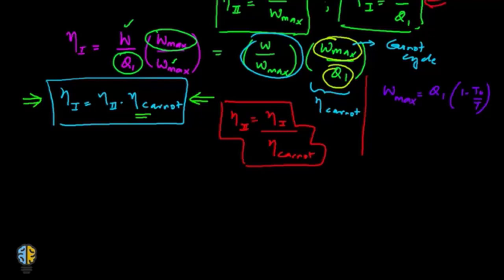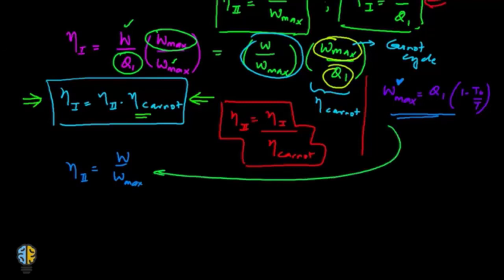When you put this value, you have eta 2 as W upon W max, so you get W upon Q1 into 1 minus T naught upon T. So this is what you get, isn't it?